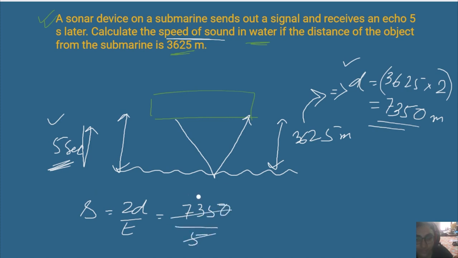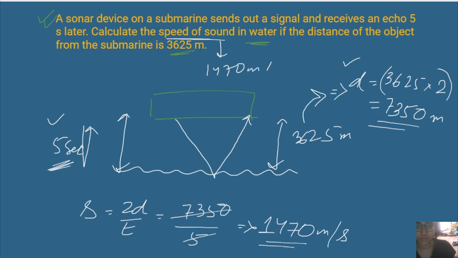If we calculate, we get around 1470 meters per second. So from here we get the speed of sound in water, which is 1470 meters per second.